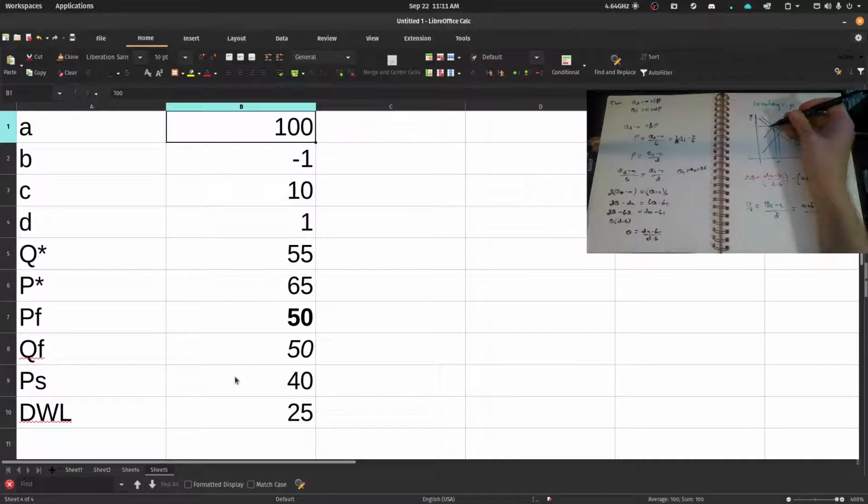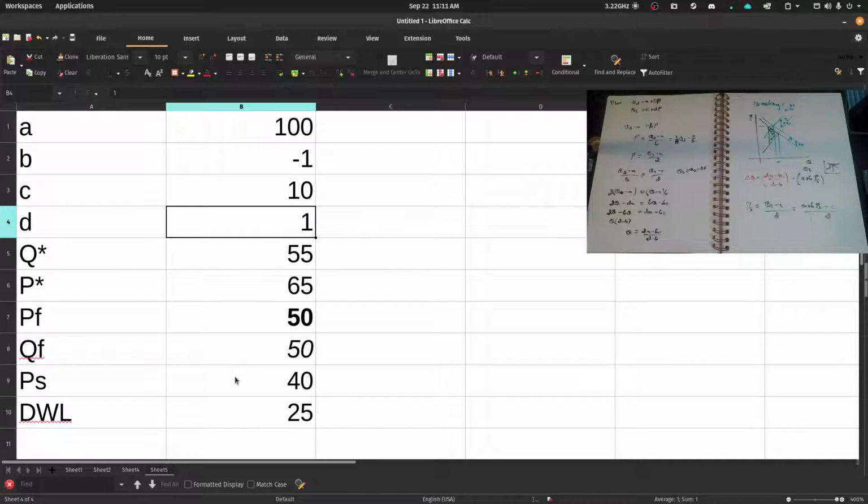That would correspond with the area of this green triangle, where we're still holding all else equal. We're not breaking the ceteris paribus assumption. Given this model that I just made up off the top of my head with very creative numbers, we've got something that will automatically update for us.